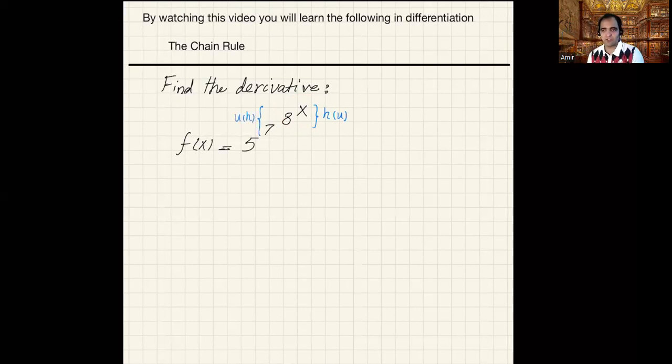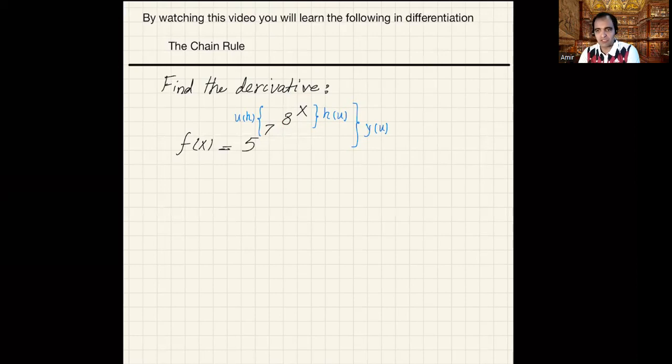So u is a function in terms of h, not x. And then the whole function, I mean 5 to the power of the rest of the parameters, I'm going to call that y of u. So you see that we have nested functions inside of each other.